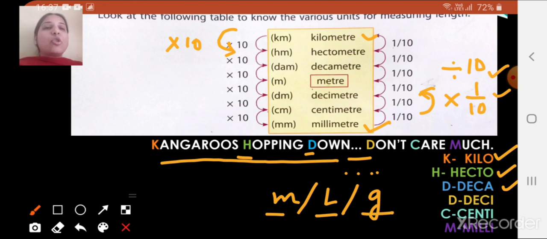So kangaroos hopping down don't care much, where K stands for kilo, H for hecto, then down, the D stands for deca. In between will come the basic unit like meter, liter or gram. Then don't, that D stands for deci. Then care, that C stands for centi, and the last one much, M stands for milli.